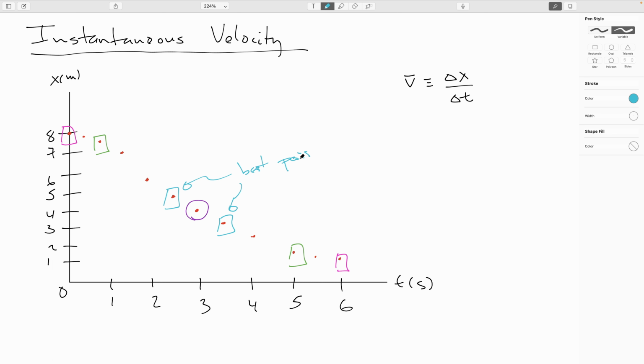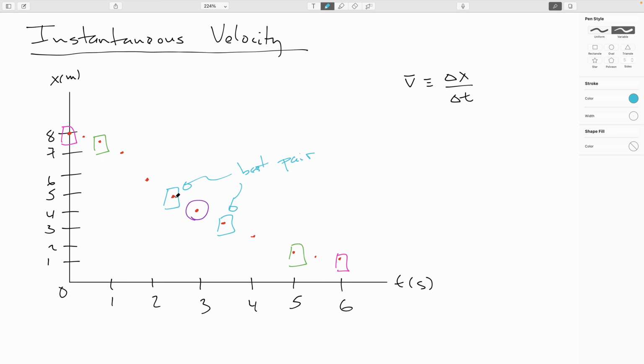And why is that? Well, you might be tempted to say, well, if I look over a long interval, I've got a big change. The math would look really nice and all that, but the problem is that if we look at this, we traveled 7 meters in 6 seconds to the left, okay?